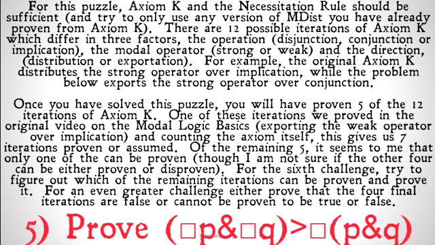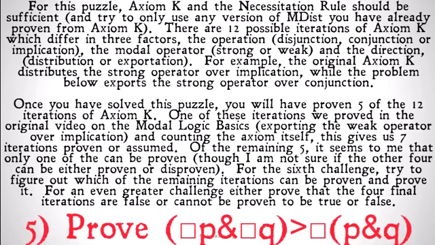Once you have solved this puzzle, exporting the strong operator over conjunction, you will have proven 5 of the 12 iterations of Axiom K. One of these iterations we proved in the original video on the modal logic basics. That was exporting the weak operator over implication.